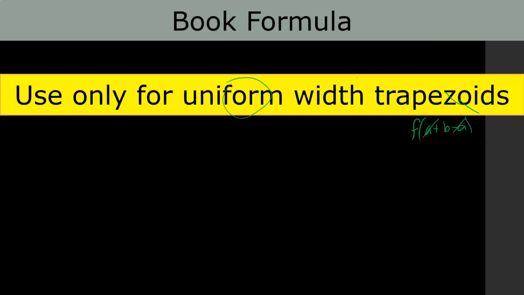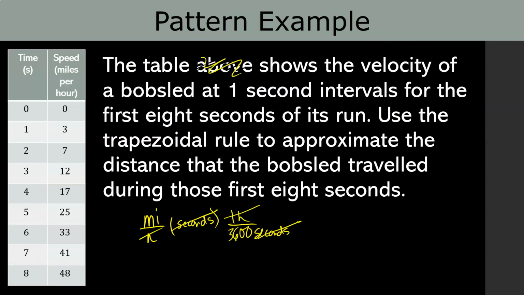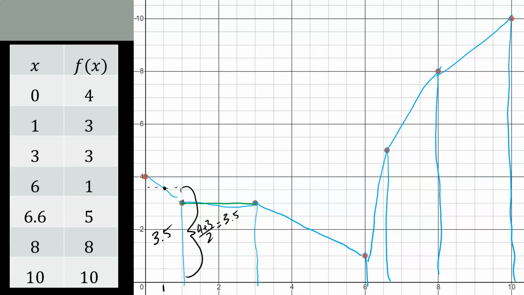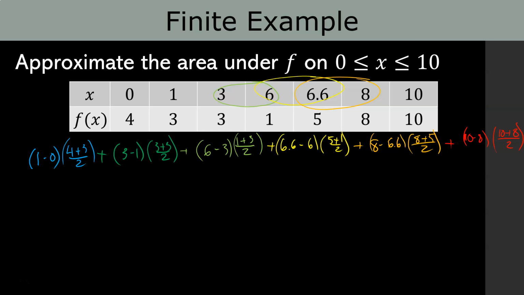Maybe the most important thing is last, and that's that you can only use this for uniform width trapezoids. And what I see every year is students will be given data like this. They're like, hey, this is the problem we did earlier. From 0 to 1, that's a width of 1, and they don't notice that all these other widths are different.